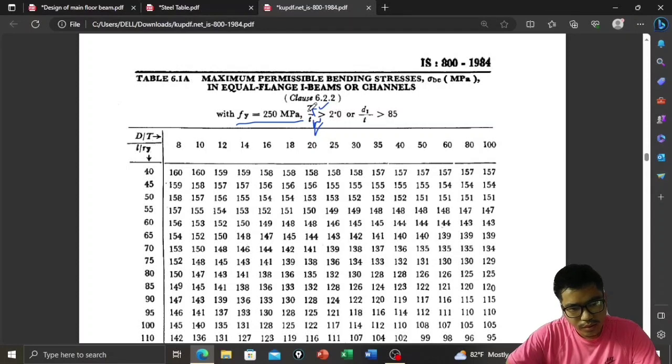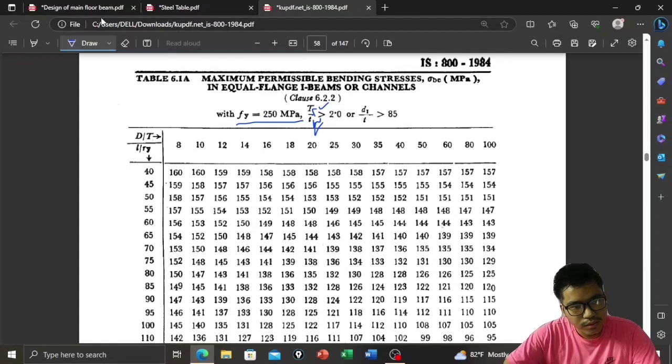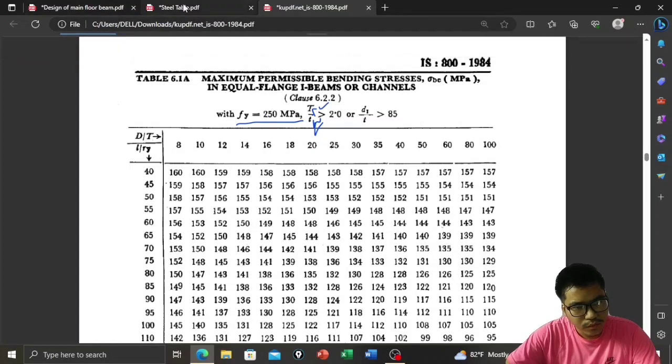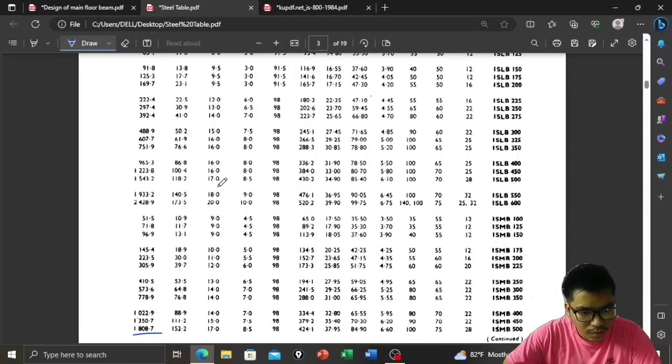This value we need: T, small t, d1, l, ry. We should take this value from the steel table.